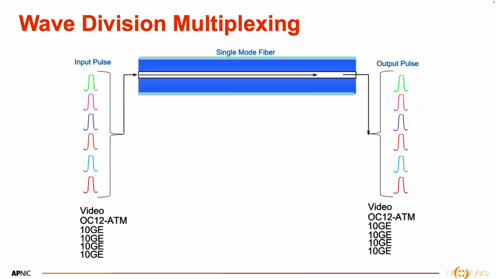Whatever the payload is, whatever the data is, it's all being converted into optical signals and wavelengths, and then we send those wavelengths through that single mode fiber from one city to another. And when the signal reaches the destination in the other city, they do demultiplexing and then retrieve the payload from the demultiplexed signal.